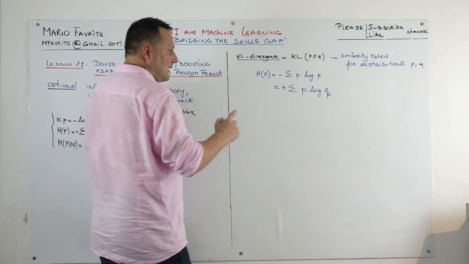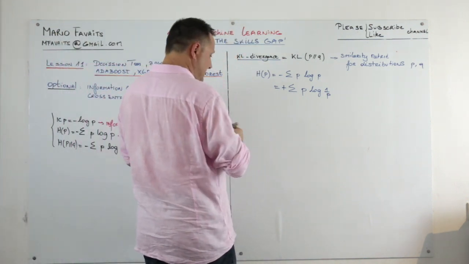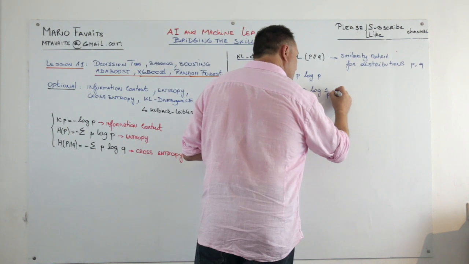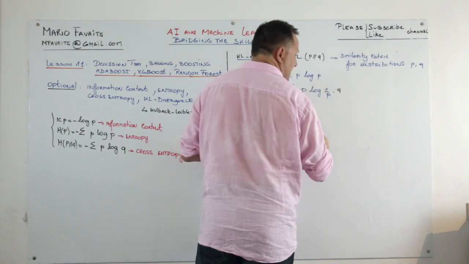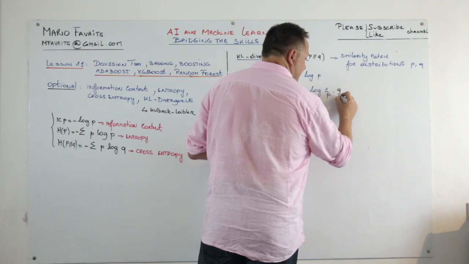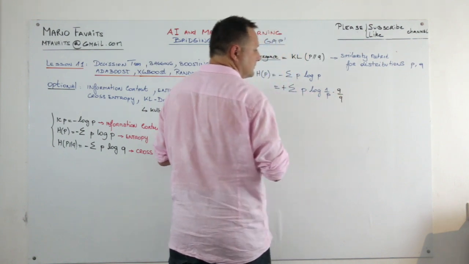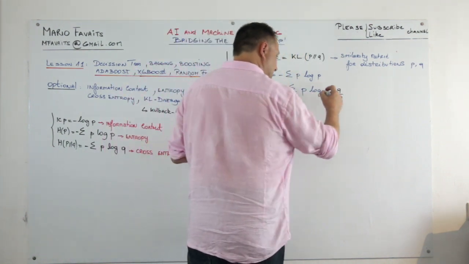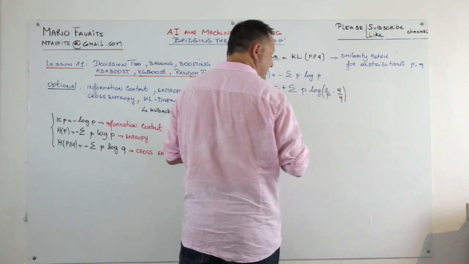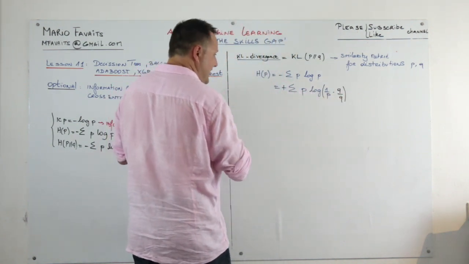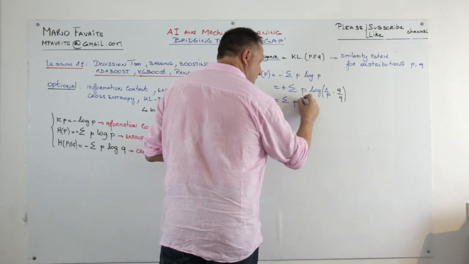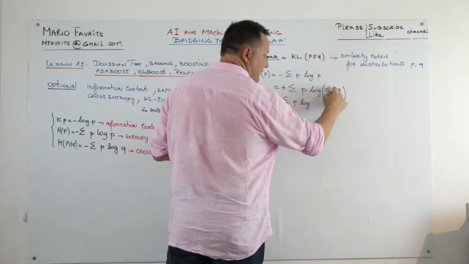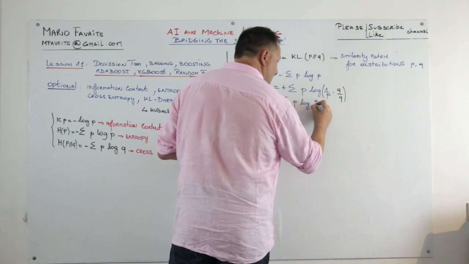Alright? Now what I'm gonna do is I'm going to multiply by Q, and I'm going to divide by Q, right? So let me put the brackets here. So then we have equal P times the log of Q over P.